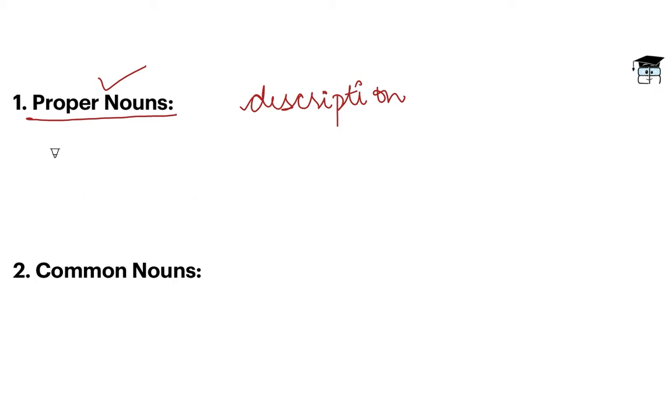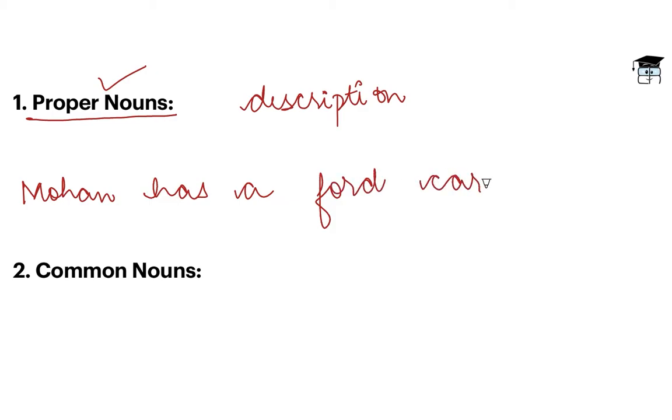Okay, consider this statement. Mohan has a Ford car in Delhi. Now in this statement, Mohan is the name of a person.